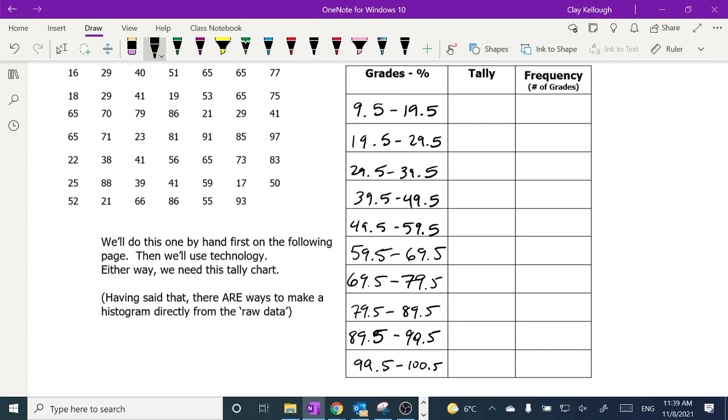I want all those in one class or interval. So that's why the 0.5s. Does that make sense now? If this was from 40 to 50 and then the next one was from 50 to 60, where do you put the score of 50? Which column does it go into? That'd be tough to figure out. So rather than guessing, this takes care of that problem.